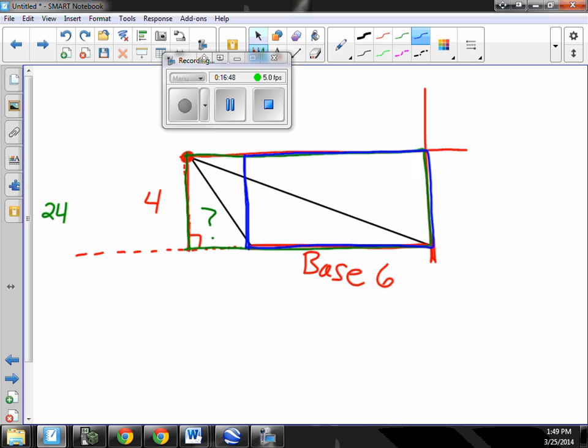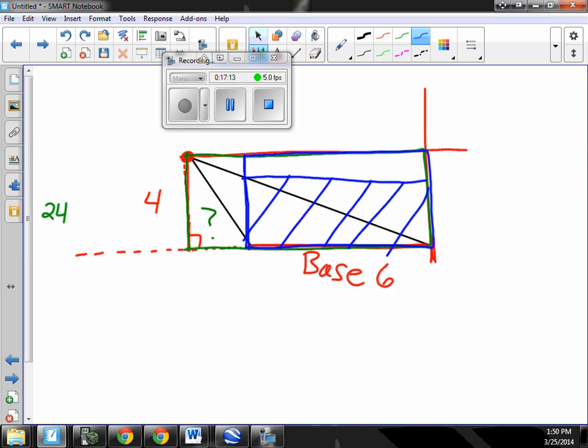Anybody see a way that we could prove that that triangle is half of the rectangle? Okay. Can I give you a hint? So this much is taken care of.